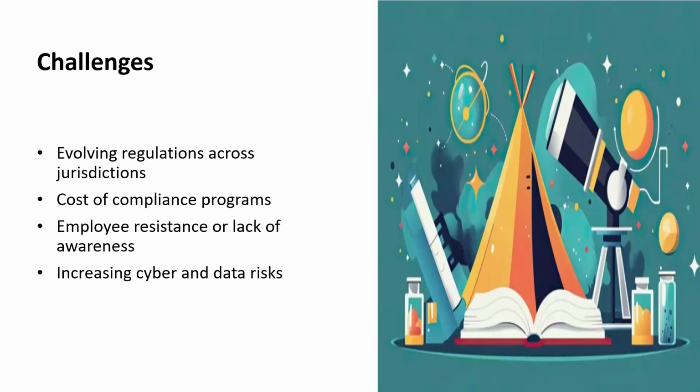The challenge is that sometimes it's difficult to keep up because things change every day. Regulations come out every day. There are cyber security threats that also necessitate the need for some of these changes. So you have to keep abreast with all the applicable regulations and carry on.